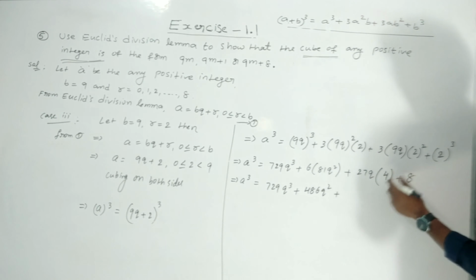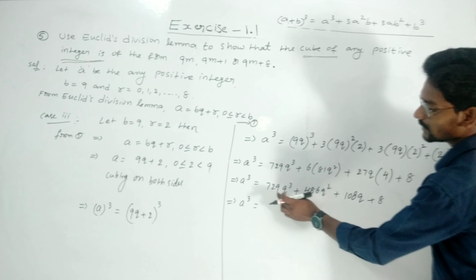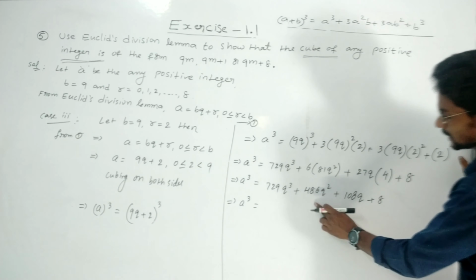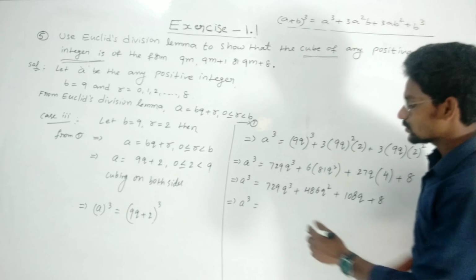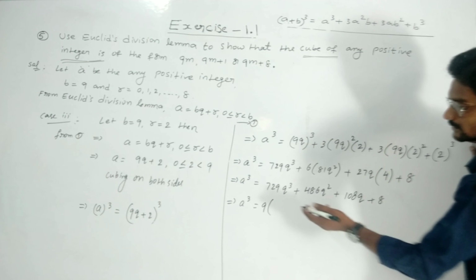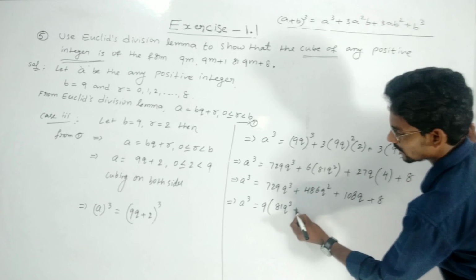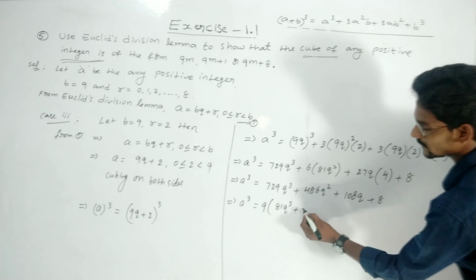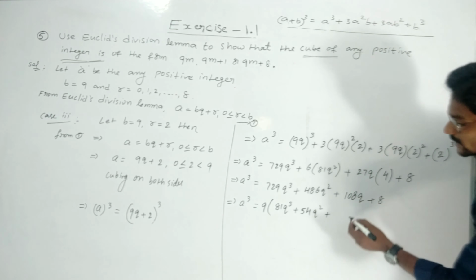Now we want a cube in the form of 9m plus 8, so 9 is common. Checking, 729, 486, 108 are exactly divisible by 9. So taking 9 as common, in the 9 table, 729 is 81 q cube, plus 486 is 54 q square, 108 is 12 q, plus 8.